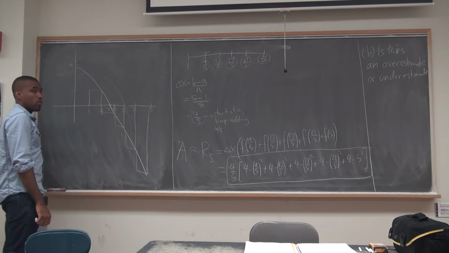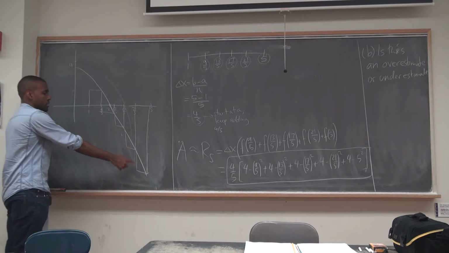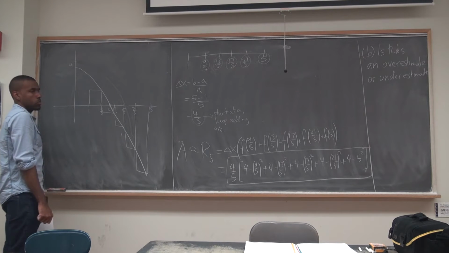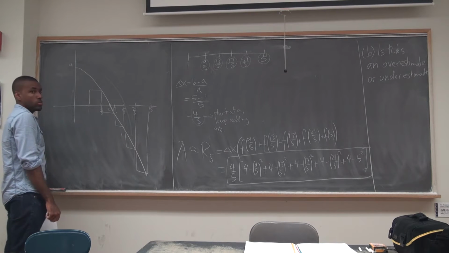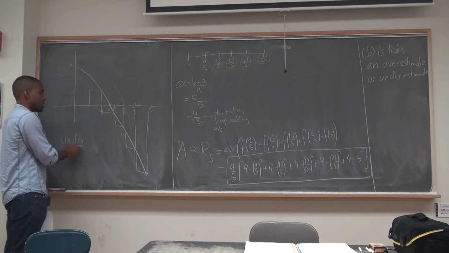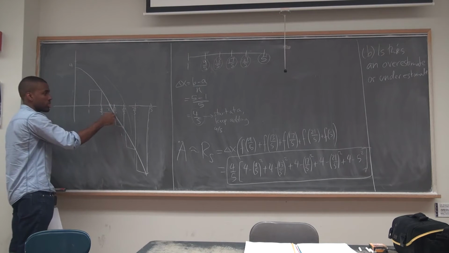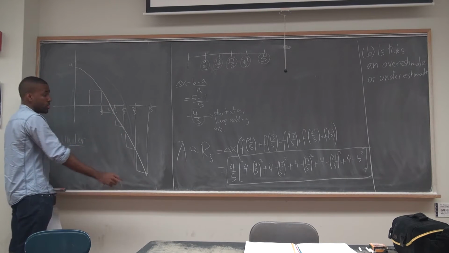I think there's more negative area than positive area. So technically here it would be under, because it's more negative. It'll give you a smaller answer than the actual curve would give you, because it's going below the curve in the negative direction.